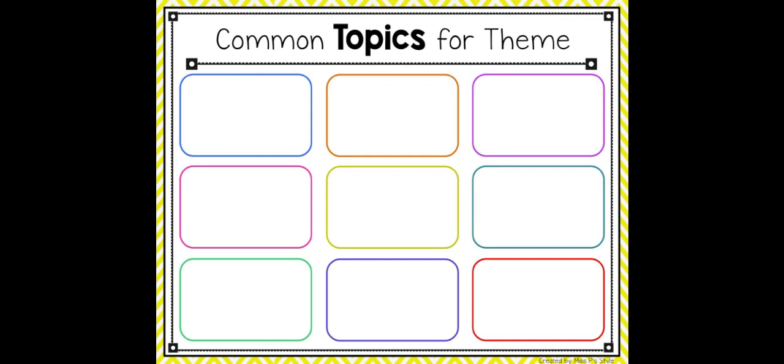There are common topics for theme. I will show you some examples of topics in each box. I will explain what they mean. Acceptance. Characters who respect and accept others' differences and beliefs.